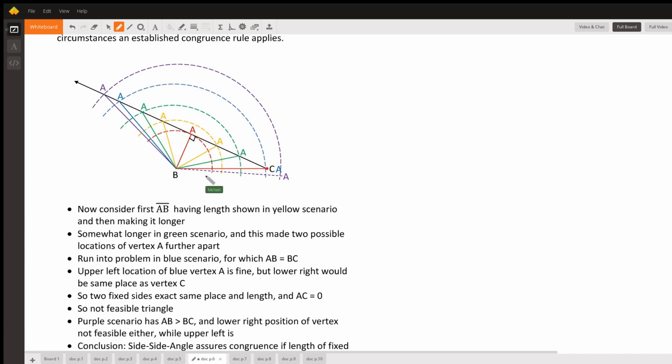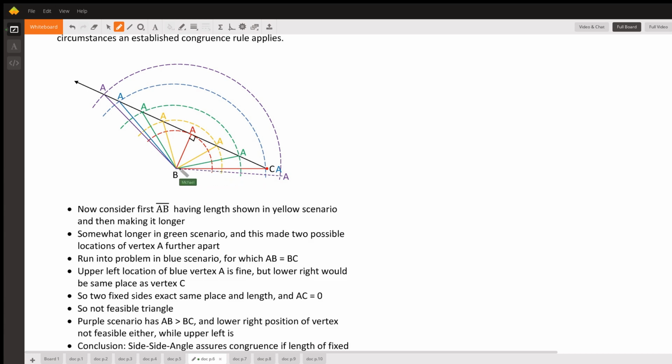But if we make it long enough, what if we make this side the same length as this side? Then what happens? Well, this still works. But this side would be right on top of the other side. Vertex C and vertex A would be in the same place if we go to this side. And that doesn't work.